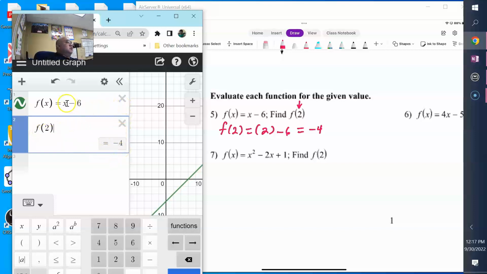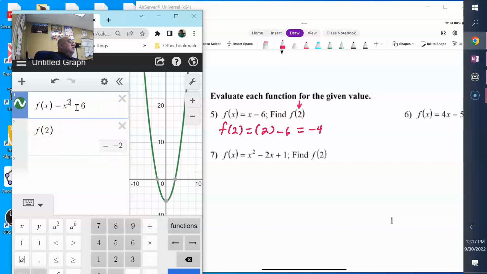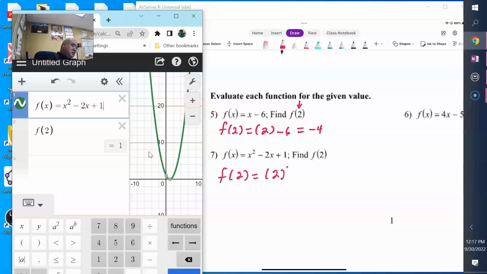So suppose I want to change the function to x squared minus 2x plus 1. So f of 2 is equal to 1. You would write f of 2 equals parentheses 2 squared minus 2 parentheses 2 plus 1. 2 squared is 4, minus 4, plus 1.